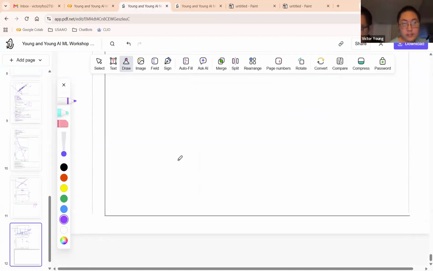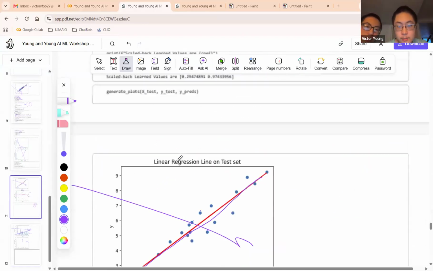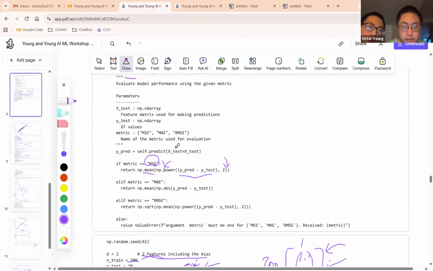Tomorrow we will talk about class 3, where we will walk you through step by step all of these 7 steps that Victor has just talked about.